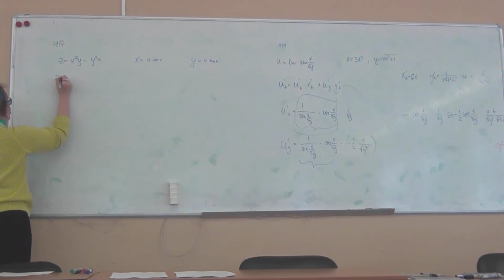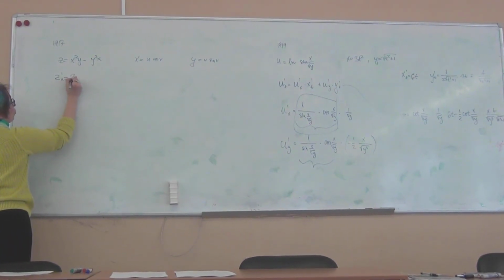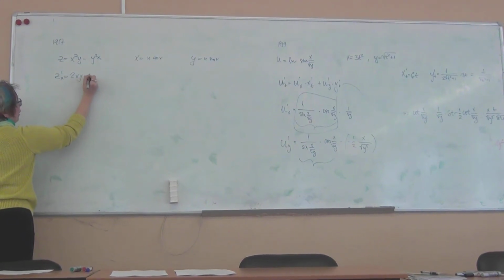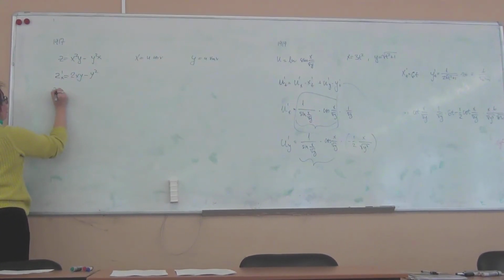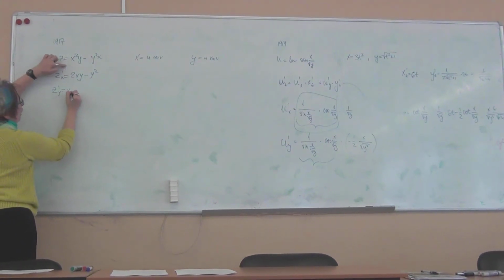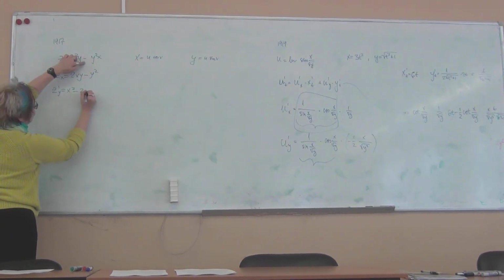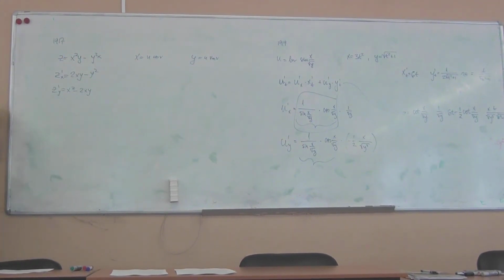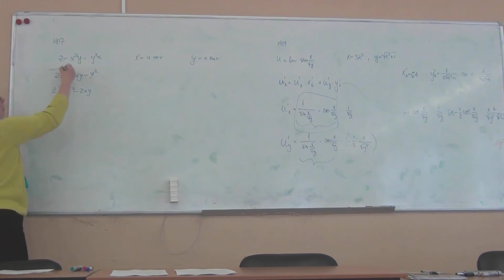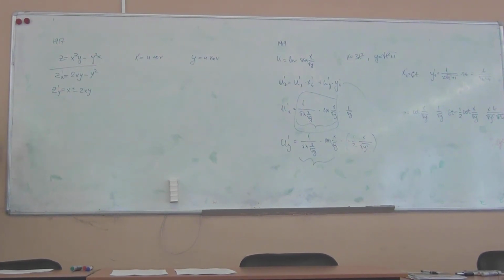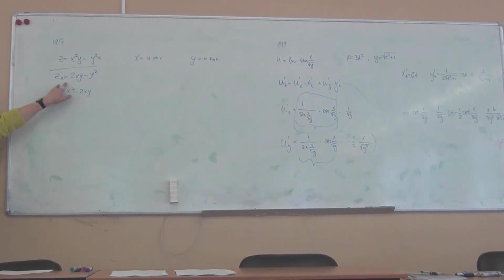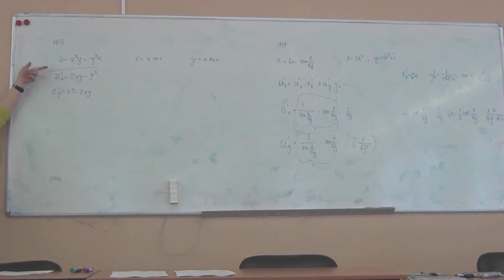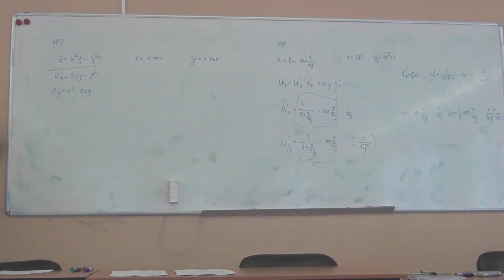Okay, z derivative by x, 2xy minus y squared. Z derivative by y, x squared minus 2xy. So these are simple. I do hope that it's not so terribly difficult to pretend that one of these variables is a constant, because this should be very simple to do.